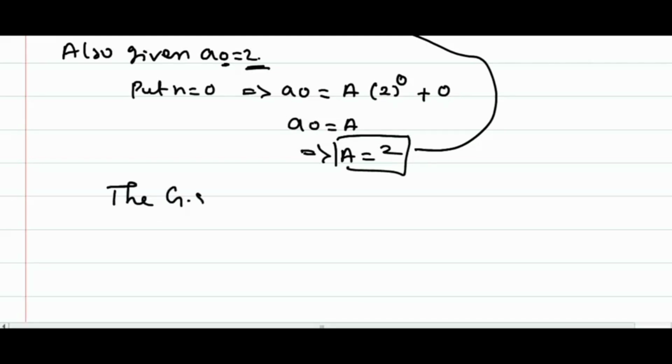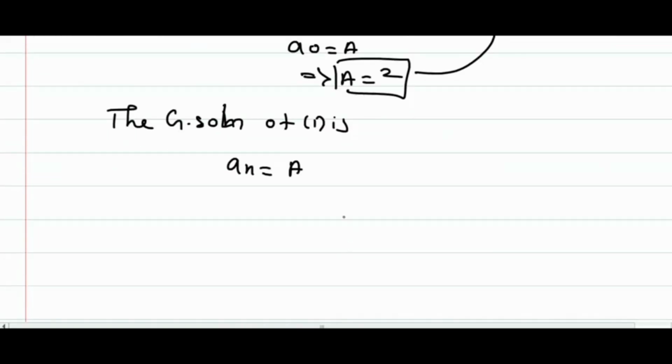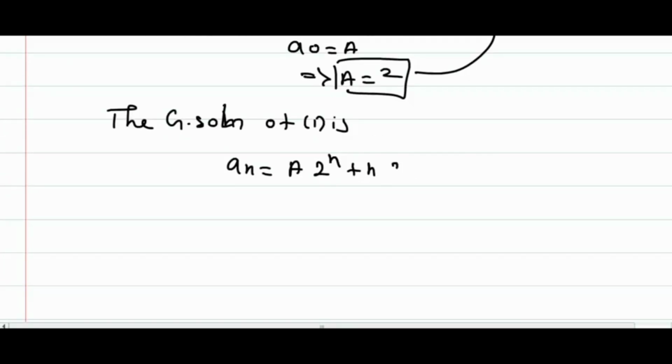Therefore, the general solution of equation 1 is a_n equal to A into 2^n plus n into 2^n.